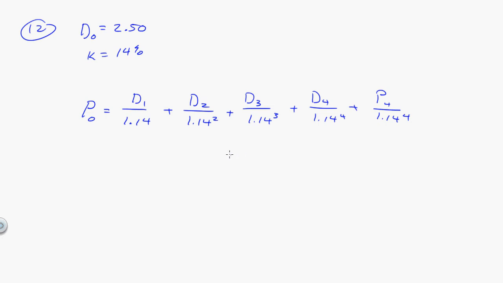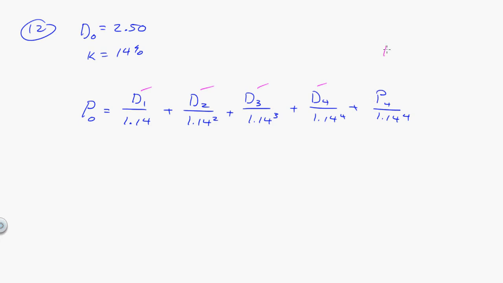What's the rule of pricing any financial asset? It's the present value of the expected future cash flows. So I need the present value of all the future dividends. Here's the present value of D1, D2, D3, D4. I got it. What about D5 and forward?